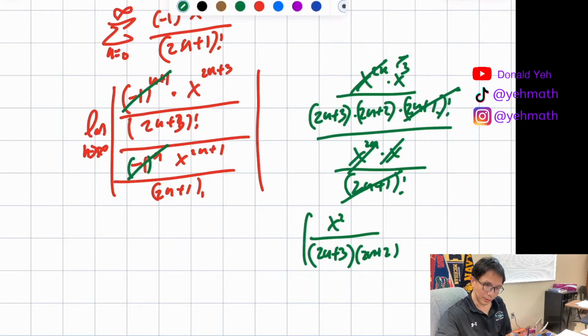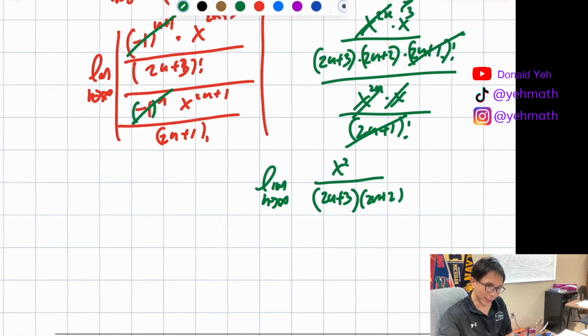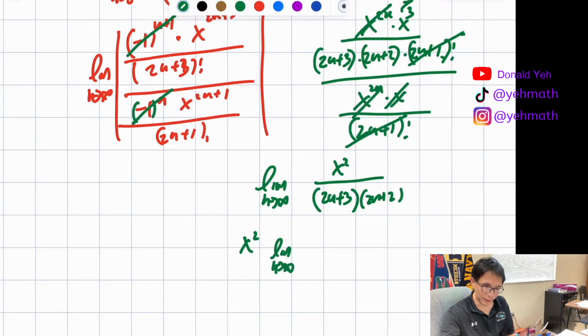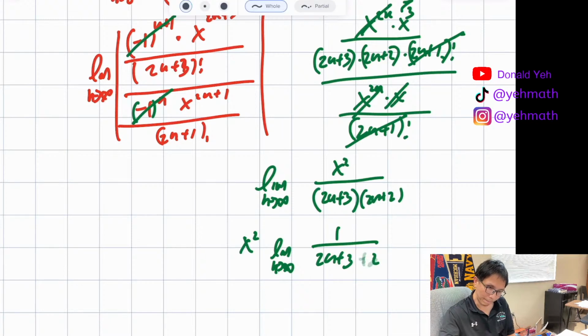So then what happened is, the limit as n approaches infinity, the way to think about it is this: x squared times the limit as n approaches infinity of 1 over 2n plus 3 times 2n plus 2.